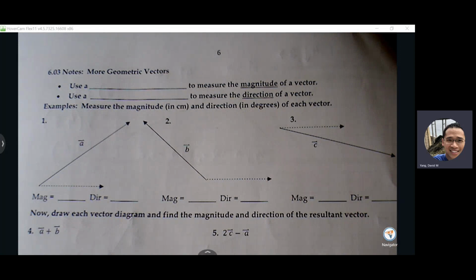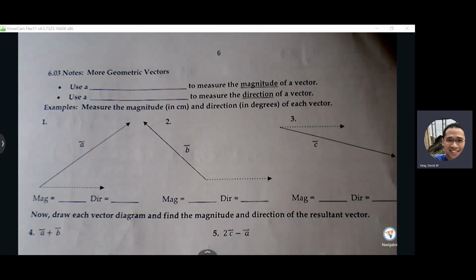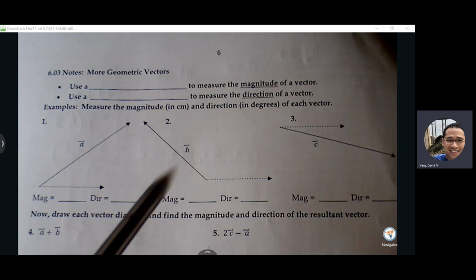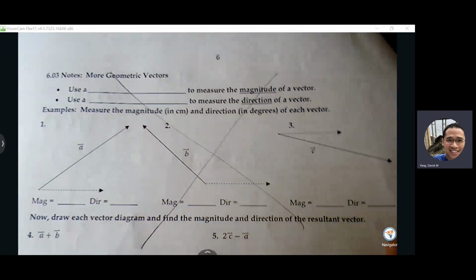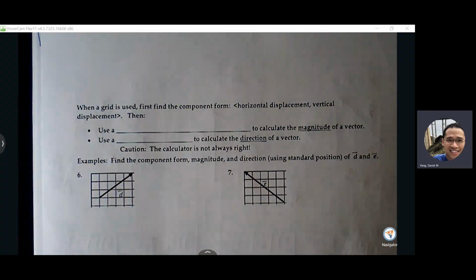But really, we're using a protractor and rulers to measure the angles. But I'm just going to skip this part and go down to halfway down, because the work that we need to do is more from a calculation perspective.